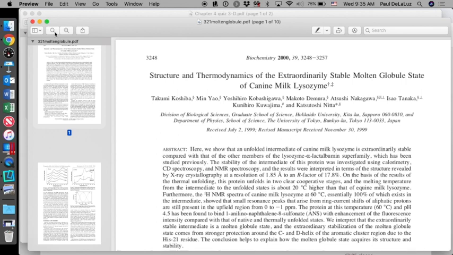And so they isolate the protein lysozyme from milk, from dogs. They said this particular protein is the best example of an extraordinary state of molten globule so that we can study it. Much better than anybody else in the entire universe. And basically, if you read them, they kind of have that attitude. Oh, here it is, ANS, 1-anilino-naphthalene 8-sulfonate. There it is. That's why we use ANS.